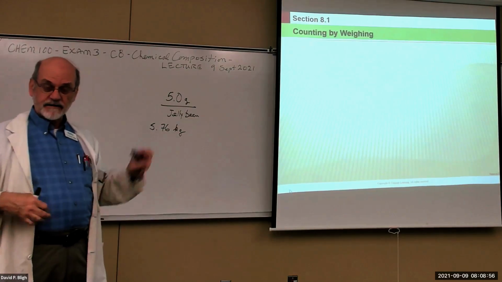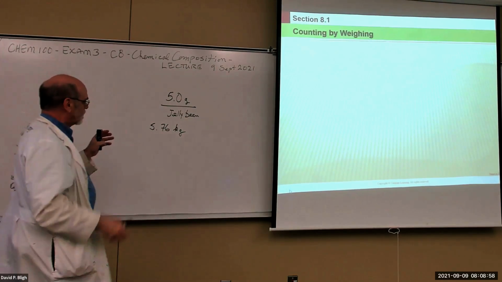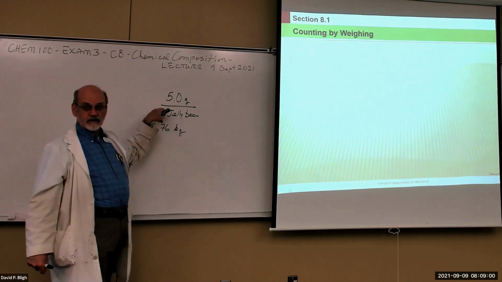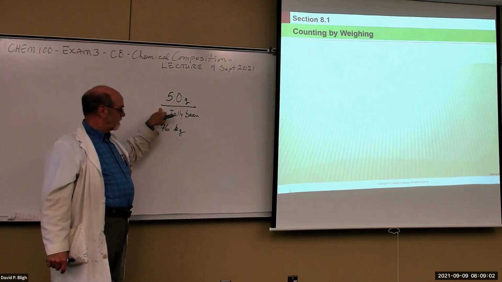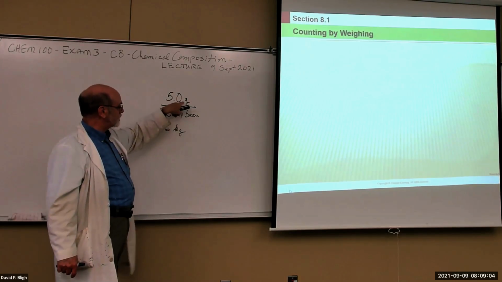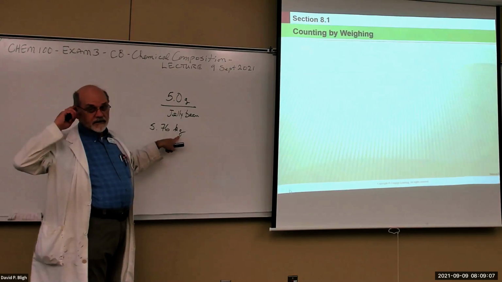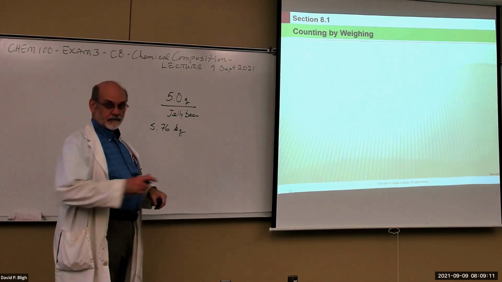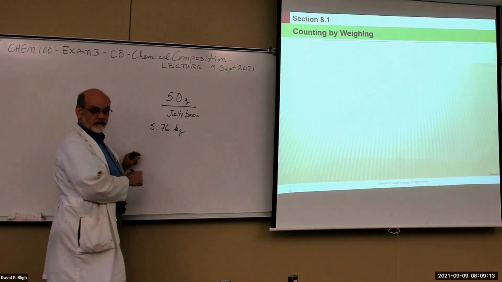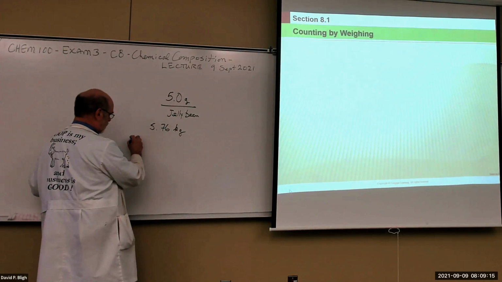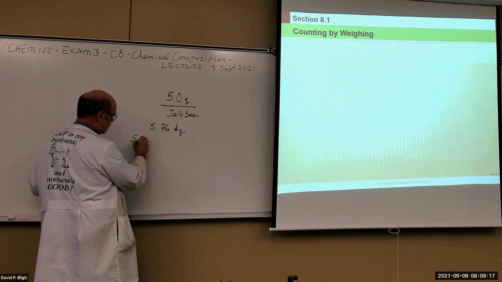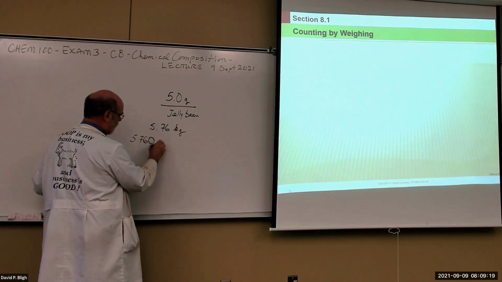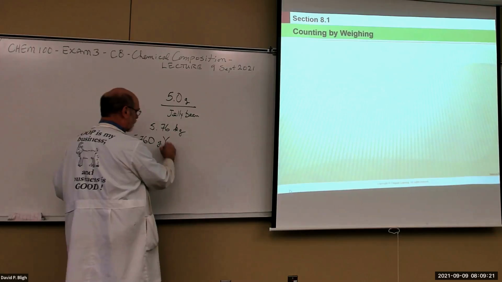If they weigh that much, can we use this value? Well, no, not yet, because they're the wrong measurements. That's grams and this is kilograms. So how many grams is 5.76 kilograms? We move it 3 to the right. 5,760 grams.